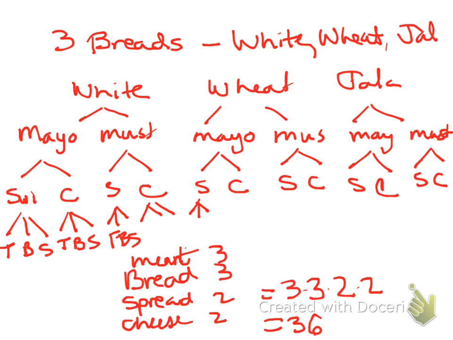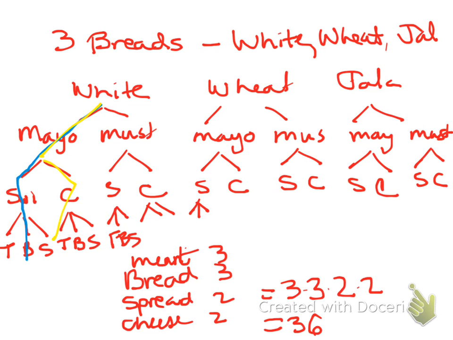And remember, here's one. It could be a white sandwich with mayonnaise, Swiss cheese, and bologna. Here could be another one: white bread, mayo, cheddar cheese, turkey. Here could be another one.